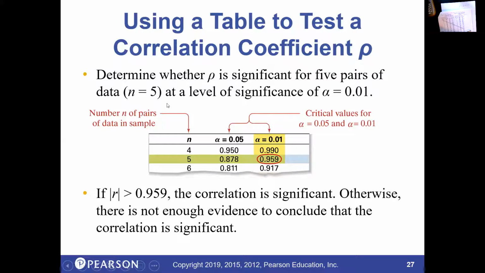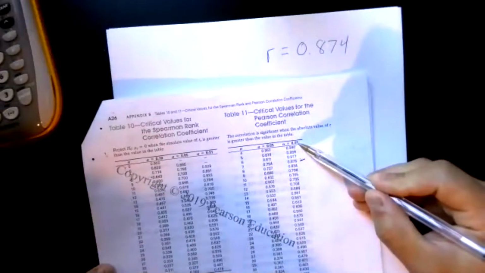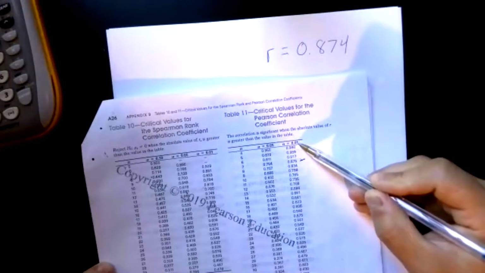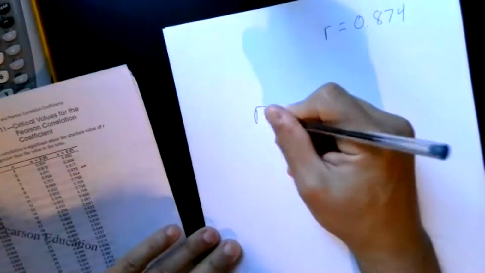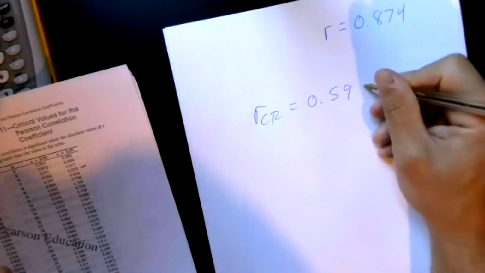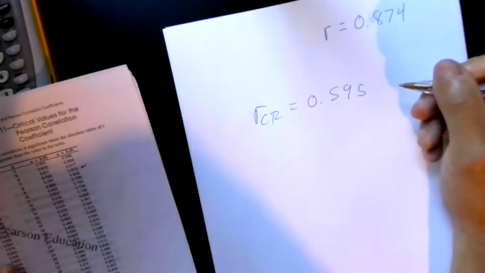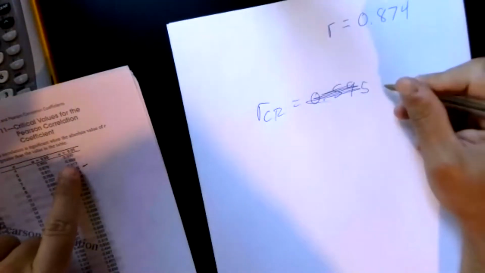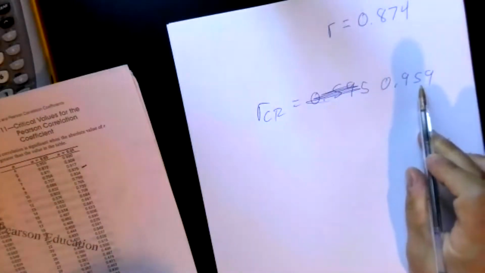If we go back to our table, go to the 0.01 column, the N was 5 pairs of data, so that's 0.959. Now, this critical value is very high.